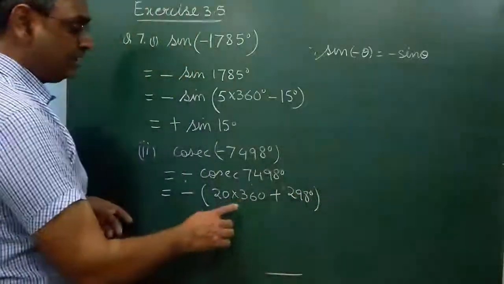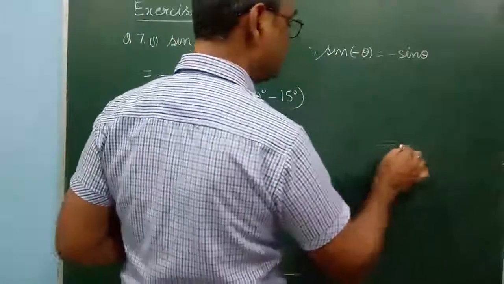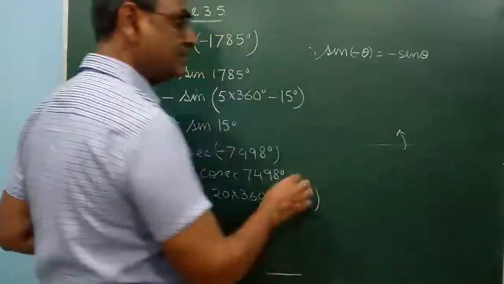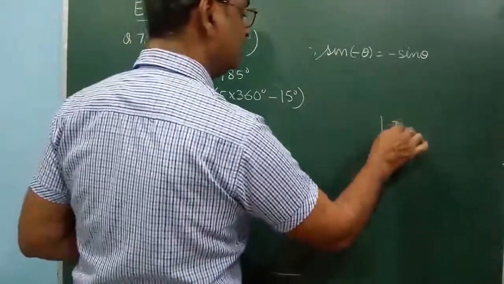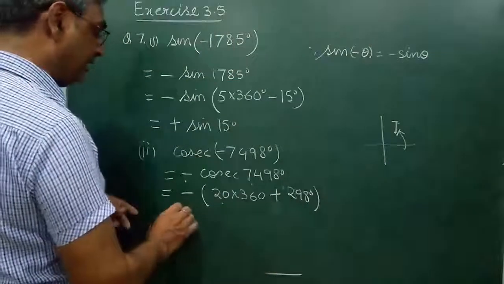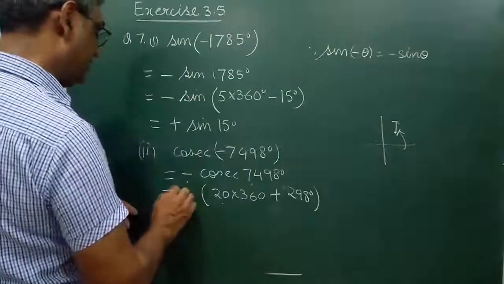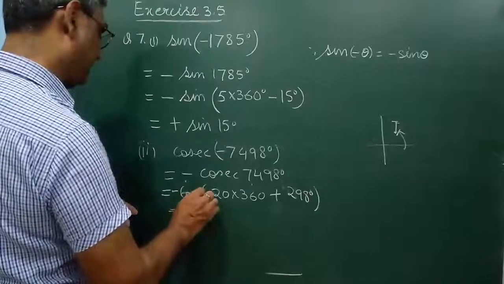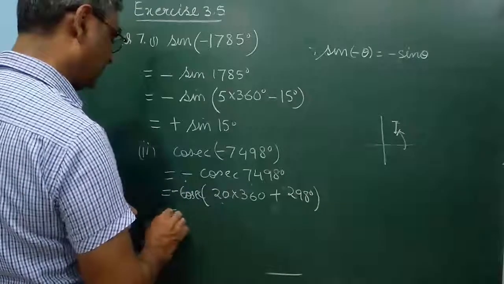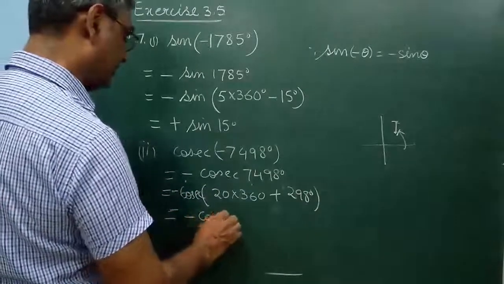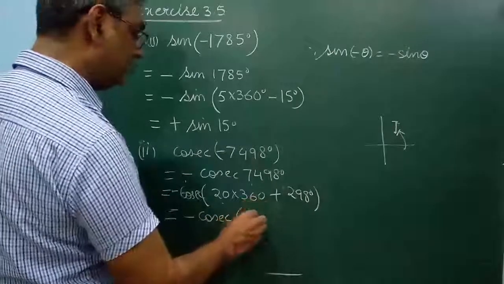Now this is in which quadrant? Again see, 360 plus means first quadrant. So here we are in the first quadrant, and we will write minus cosec 298 degree.